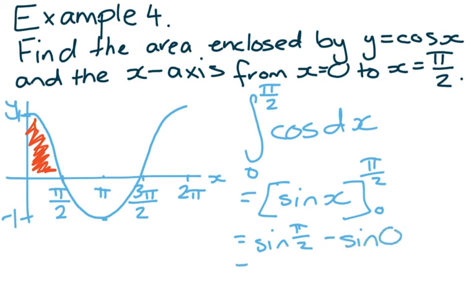And again, this is just where you need to be able to recognize your exact values. So sine of pi on 2 is 1, and sine of 0 is 0. So then we end up with that area being 1. And that's all there is to know about the integration and antidifferentiation of trigonometric functions.